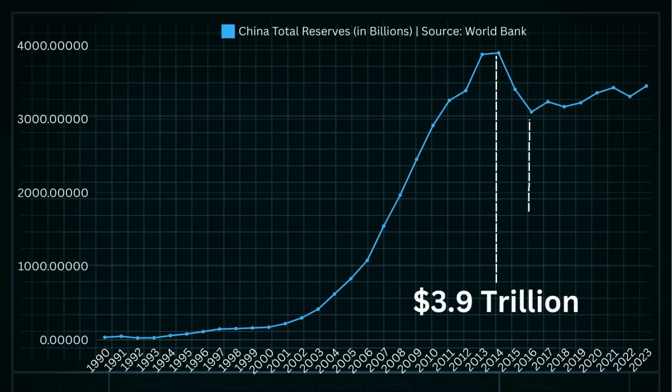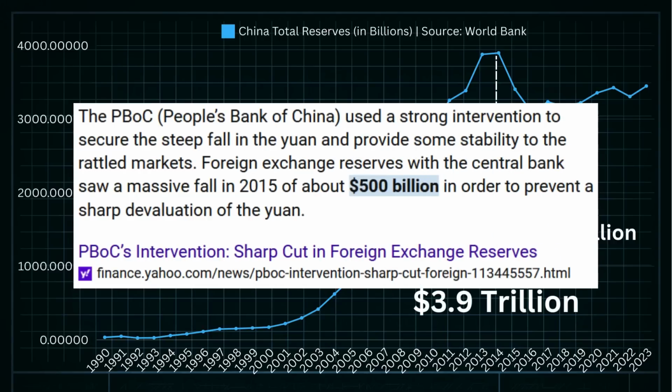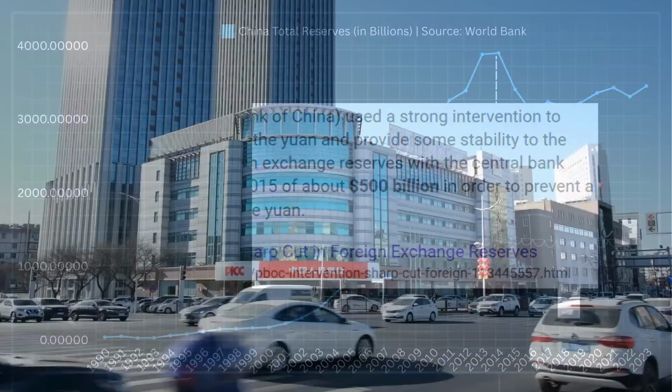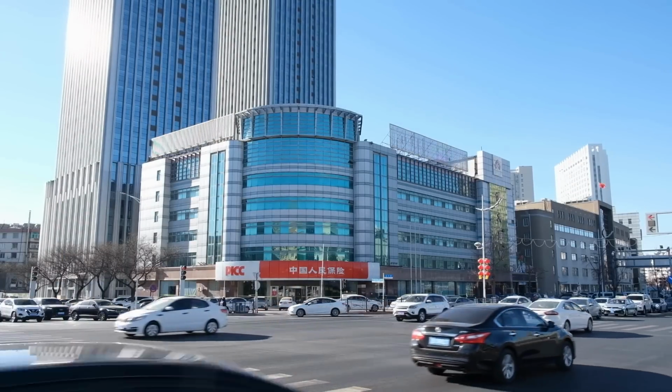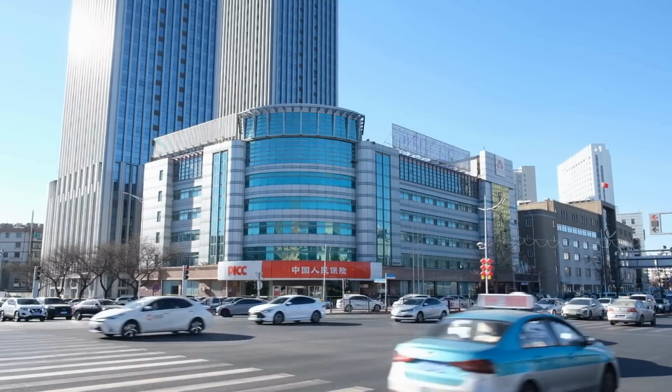But by 2016, it fell to $3.1 trillion. One of the reasons behind this is the central bank, PBOC, spending a lot of money to support the yuan's value. This kind of intervention is then the exact opposite of China's currency manipulation of making the yuan undervalued to boost exports.